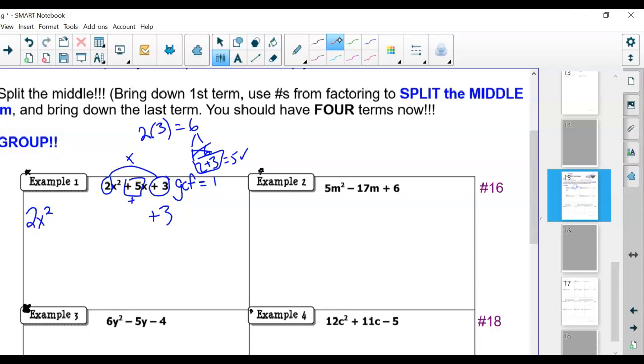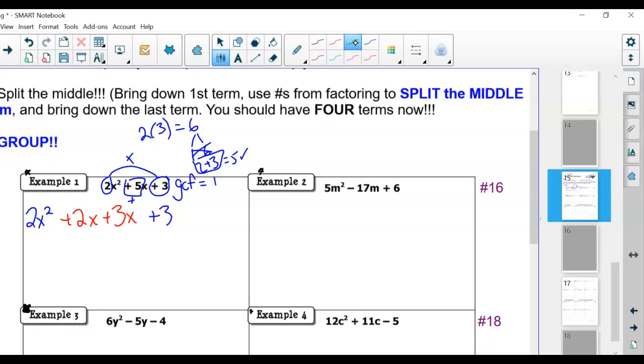Because the 2 and the 3 are going to be my coefficients, and my middle term had an x, I need to include x in this. So think about it like you split that middle term into 2 terms. If I were to combine like terms, I would get 5x back again.